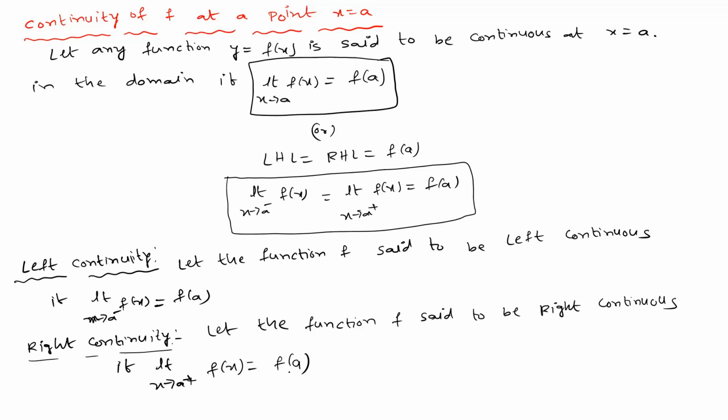Then this function is called right continuous here. Okay. The next one is continuous at a comma b.